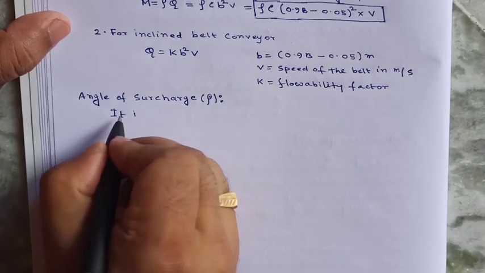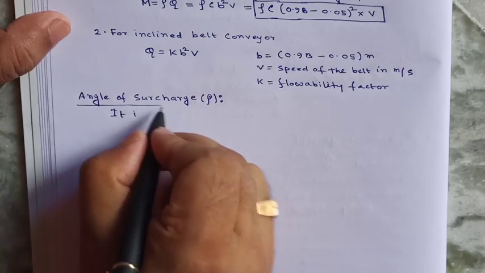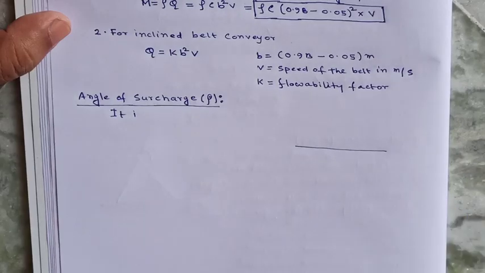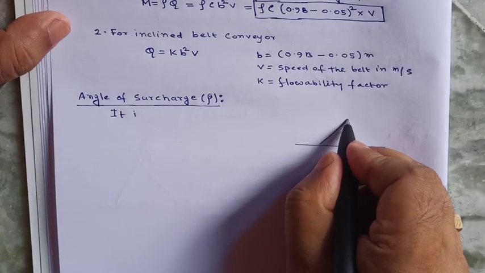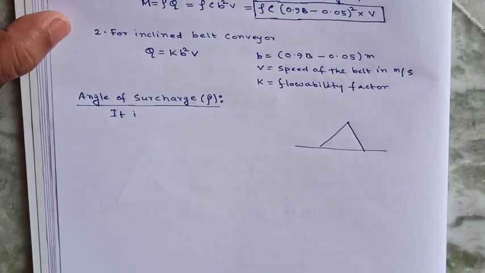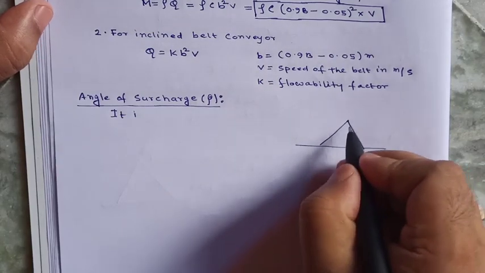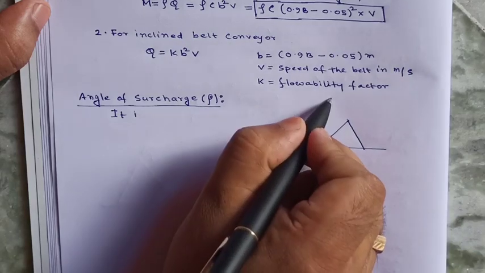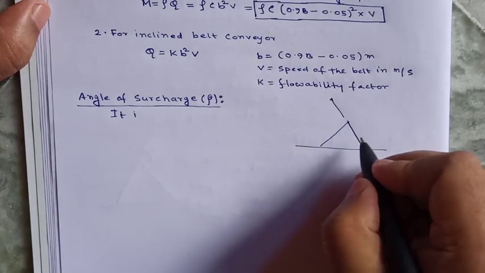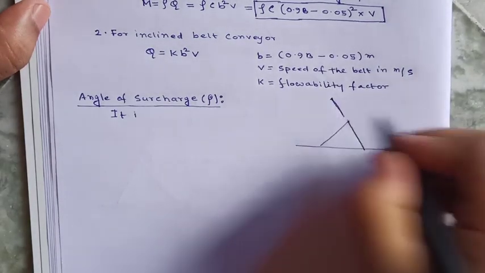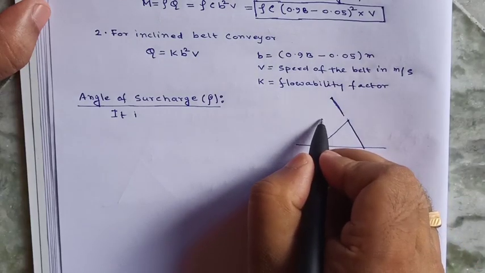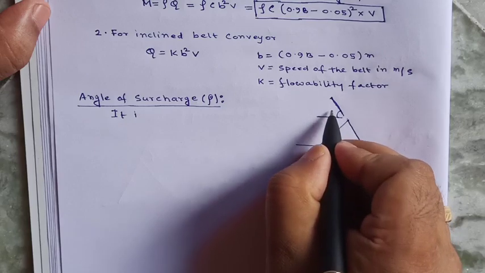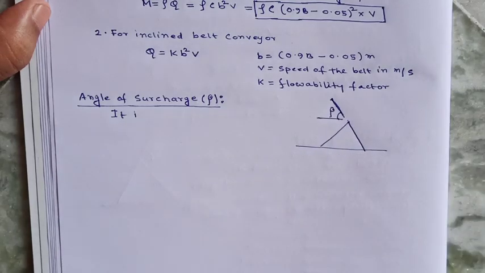Now I am discussing first the surcharge angle. Consider this is the belt and this is the material present on it. If we extend this surface line, and this is the horizontal line, then this angle is called the surcharge angle beta.